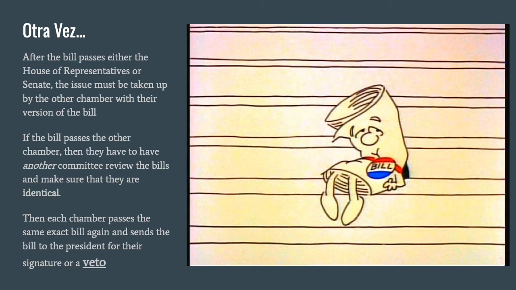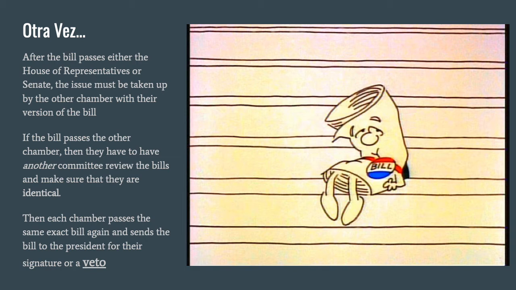So now let's say it passes, and it's a Senate bill, so it passes the Senate. Because the bill has to be passed in both chambers, then it has to go to the House, and the House has to pass it, or the House has to pass something very similar to it.